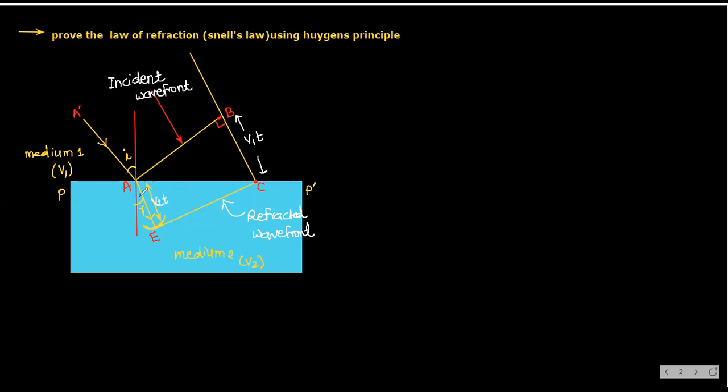Okay, this is I, this is R, already I told, right? This angle is R, this angle is I, angle of refraction and angle of incidence. Incident wavefront, refracted wavefront. Okay, let's move ahead now.